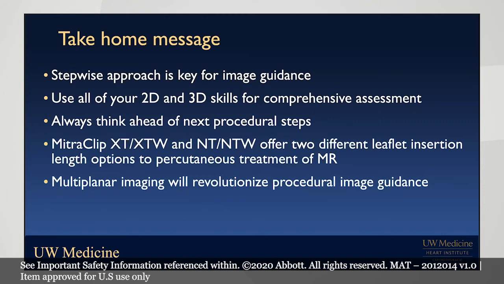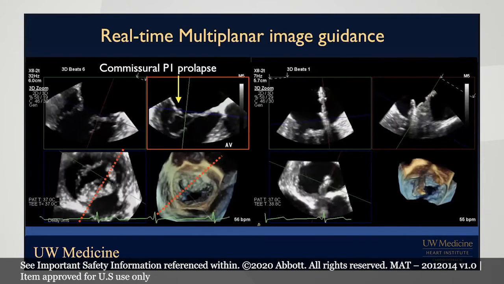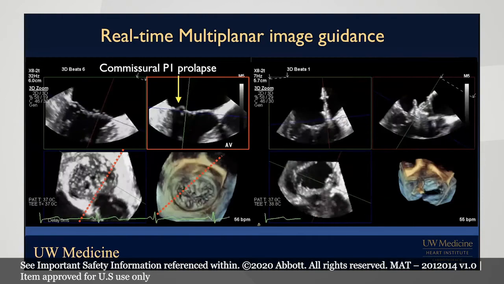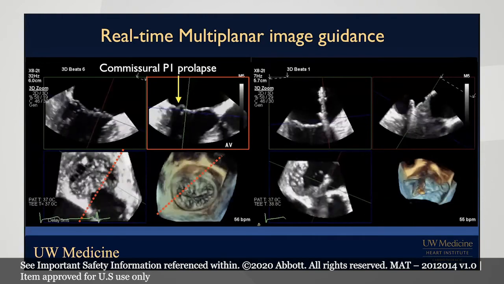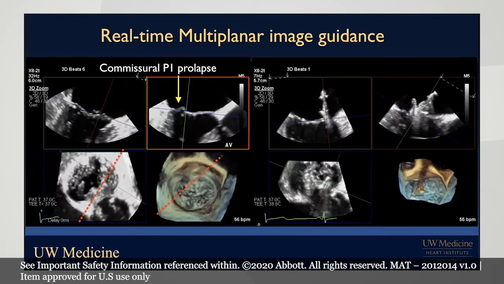Multiplanar imaging, in my mind, will continue to revolutionize how we provide procedural image guidance. And I'm going to share with you one example, which actually happened to be our 500th MitraClip case that we did at the beginning of November, which was an extreme P1 prolapse, as you see it on the left-hand side.